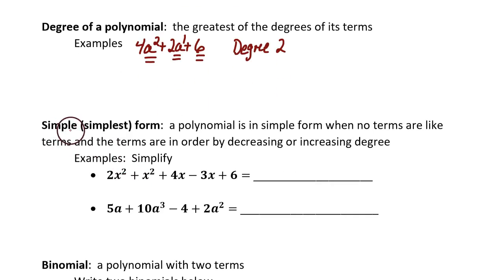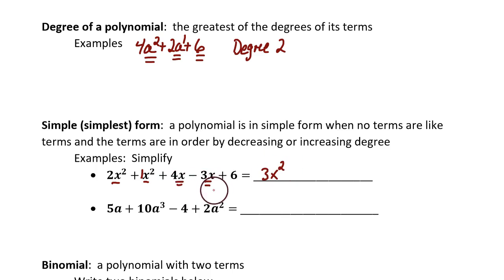Next, let's review the word simple form or simplest form. A polynomial is in simple form when no terms are like terms and the terms are written in order by decreasing or increasing degree. Simplify these polynomials. These are like terms and they can be combined. 2x squared plus 1x squared is 3x squared.